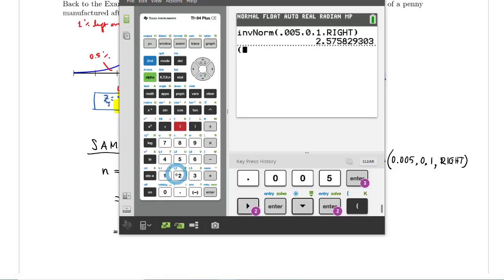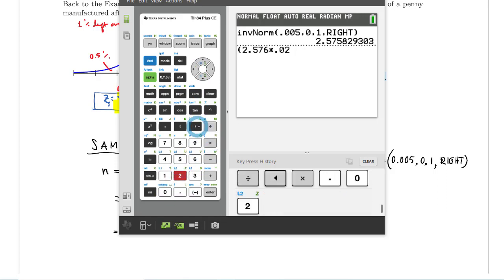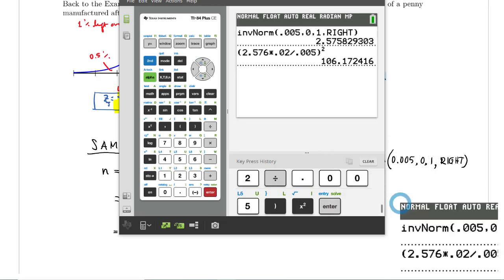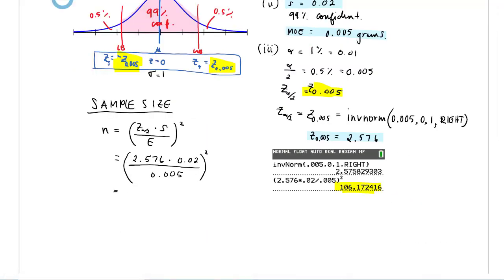I'll put a parenthesis, put 2.576 times 0.02 divided by 0.005, and then square it. So we get 106.172.